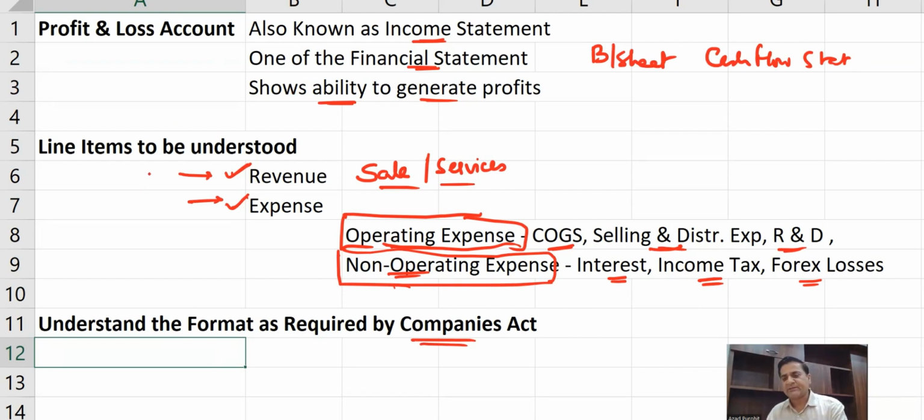This is a 3-step method of understanding the profit and loss account. The first is what revenues are. The second is what the expenses are. And then how these income and expenses are to be recorded or shown in the income statement or the profit and loss statement, right?